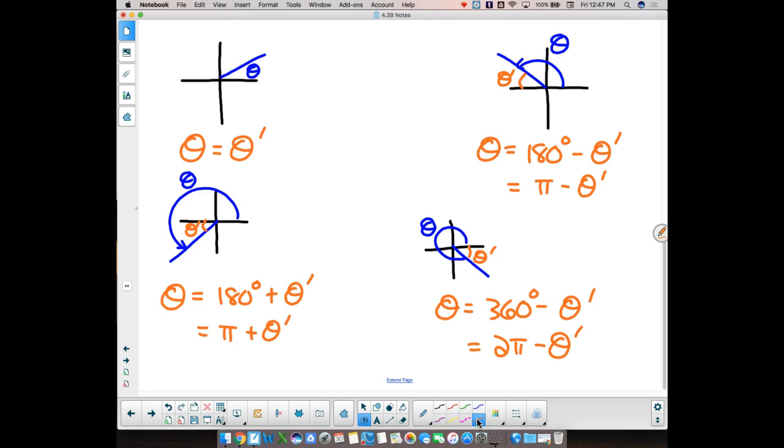Always trying to get back to the horizontal. Either 180 or 360 is what you're trying to get to. And that angle to get to the horizontal is your reference angle.